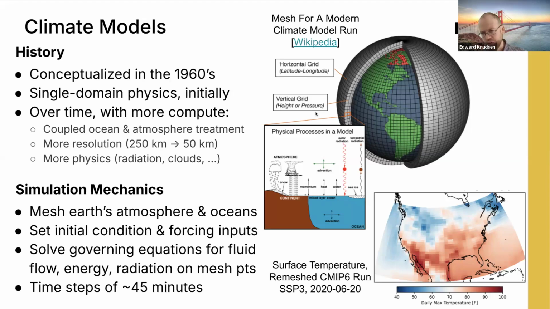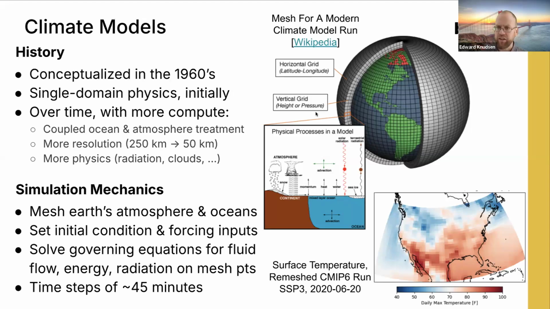The way these models are set up is by first meshing the Earth's atmosphere and the ocean. So you see the image from Wikipedia here is a very nice visualization of a mesh of the Earth, where we create a mesh in the latitude and longitude coordinates, and then also in the height of the atmosphere for our third dimension, and in the depth of the ocean for our third dimension if we're simulating the ocean.